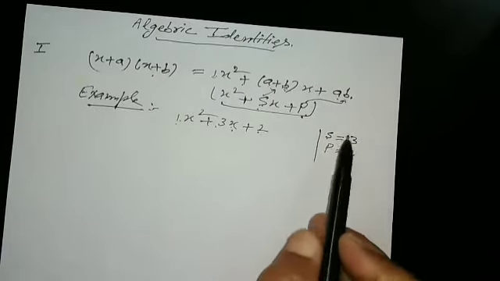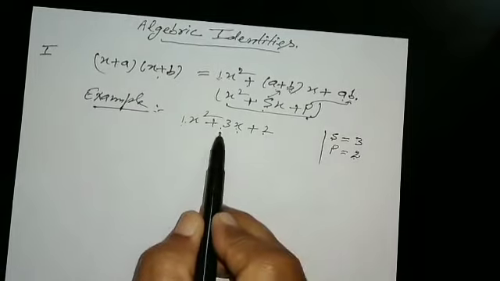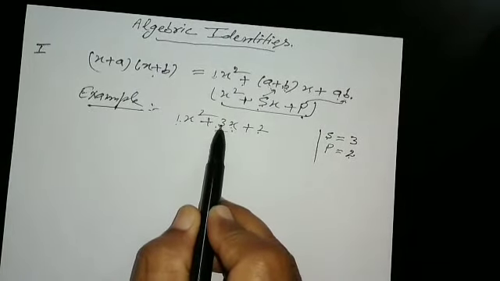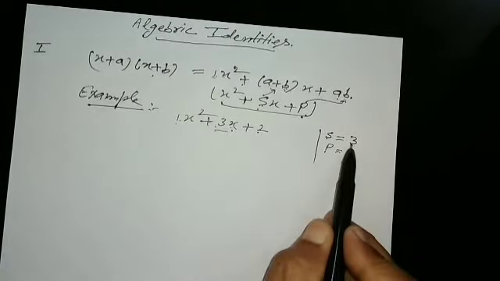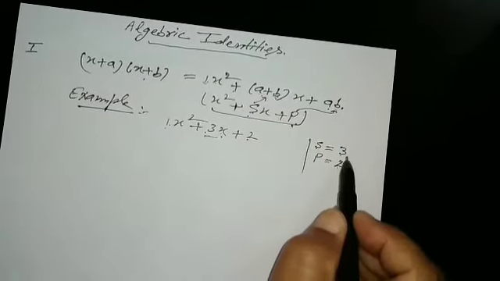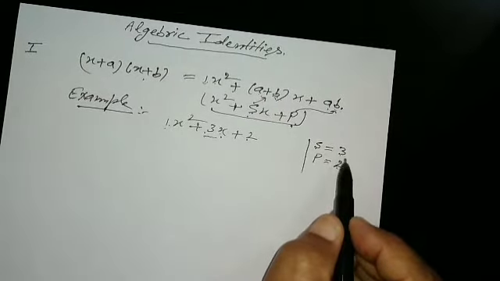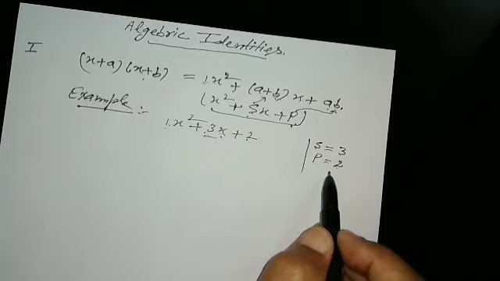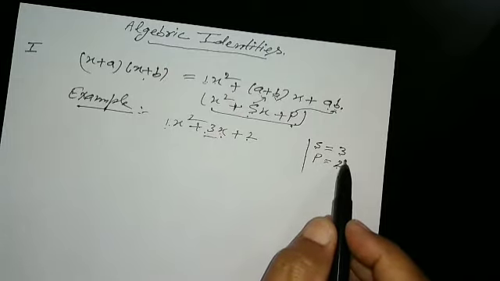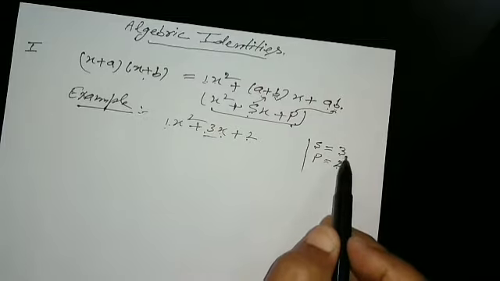Now we have to break this coefficient, 3. How can you break it, and what type of number do you have to choose: natural number, whole number, integer, rational, irrational? What would be the number?